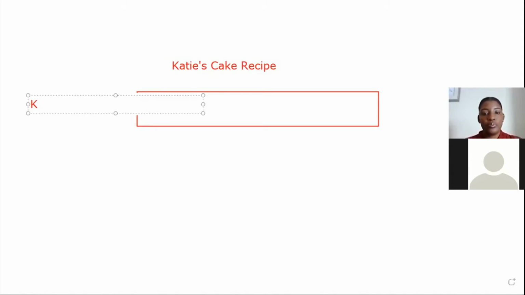So what we're going to be doing is drawing the bars to represent the 2 1/4, right?